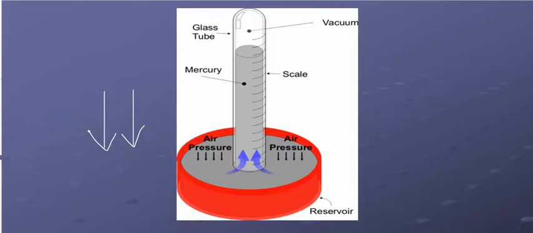And we can read the atmospheric pressure on that scale in terms of millimeters of mercury. So atmospheric pressure pushes down, it forces the mercury up the glass tube to where the atmospheric pressure supports that column of mercury. And we read it in millimeters of mercury.